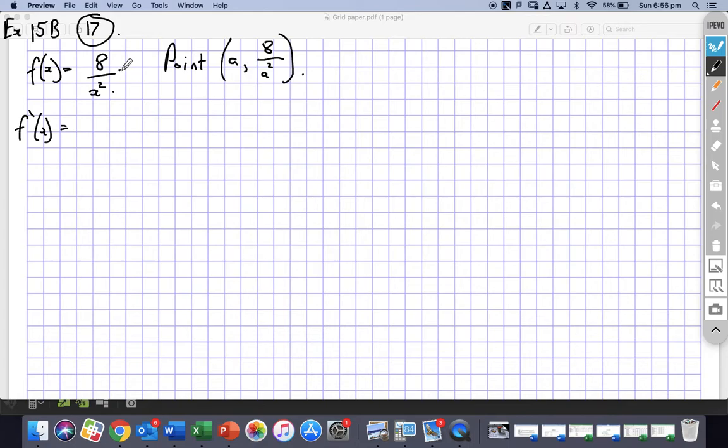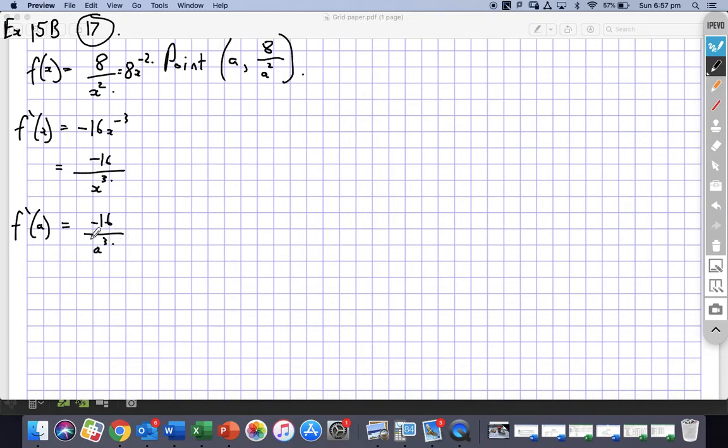And I haven't left much room here, but it will help if I write this in an index form to see it a bit easier. So it'll be minus 16 x to the minus 3. So that will be minus 16 on x cubed. The derivative at point a will be minus 16 on a cubed.